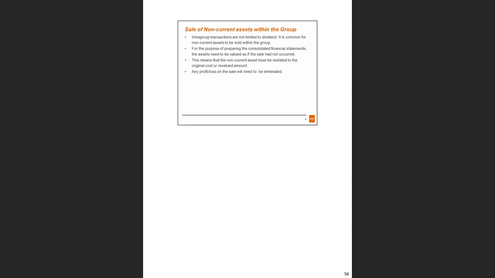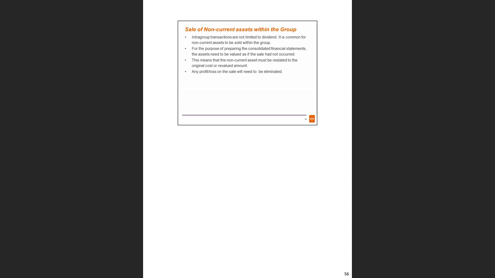So for the group financial statements, you will need to strip out the sale of the asset and pretend that it had not occurred. This means that the non-current asset, like the vehicle, must be restated to the original cost or revalued amount. Any profit or loss on the sale will need to be eliminated.